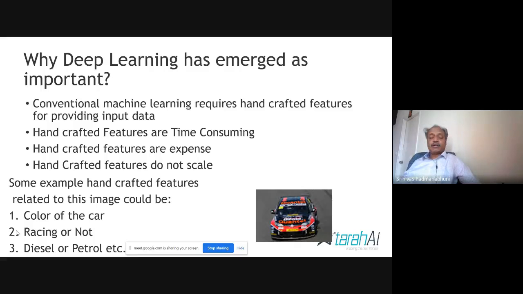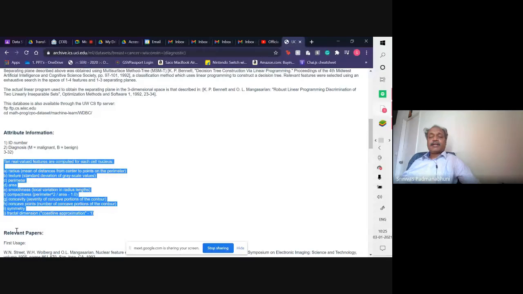So in conventional machine learning, whenever you want to work with images or text, you have to convert the original raw data into such artificial columns or features in the input data. Then you run your classification or regression or clustering or whatever machine learning you want to do.